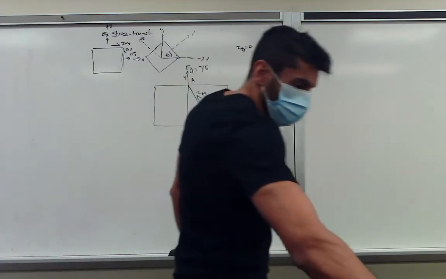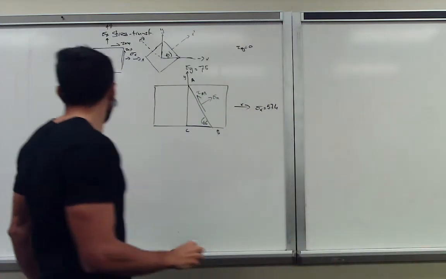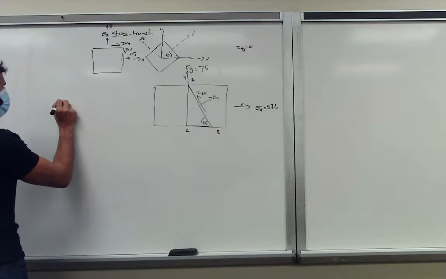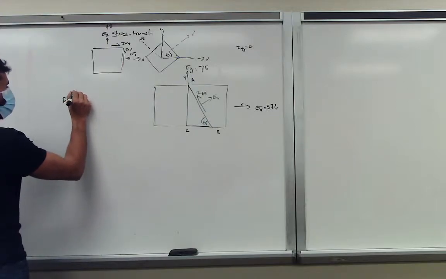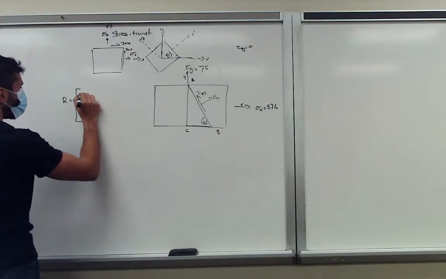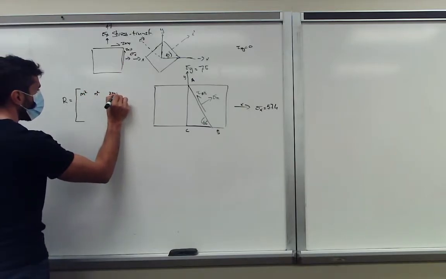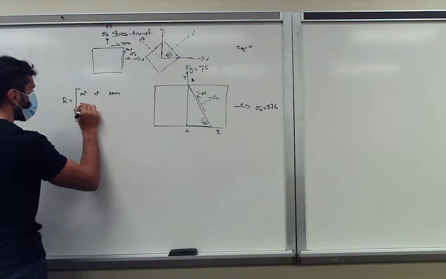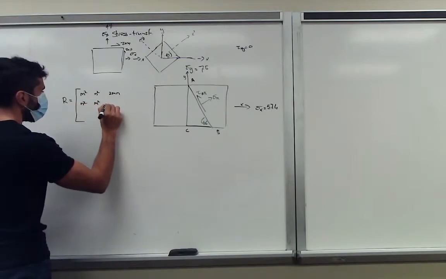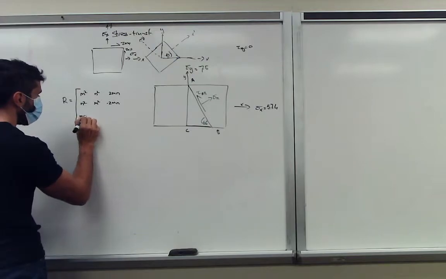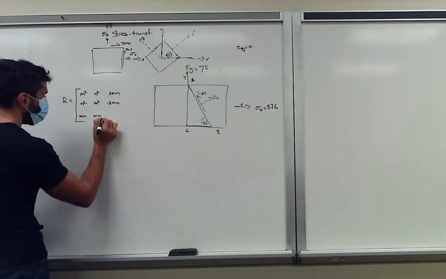So from the lecture, what we derived was basically a transformation matrix. Let's call that R for now. And we said that's m squared, n squared, 2mn, n squared, m squared, minus 2mn, and then minus mn, mn, and m squared minus n squared.